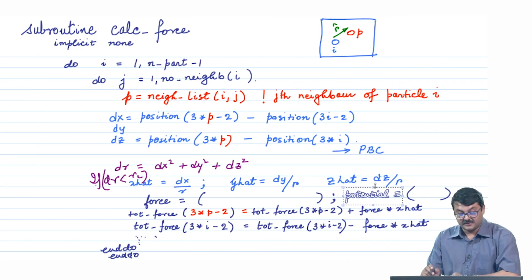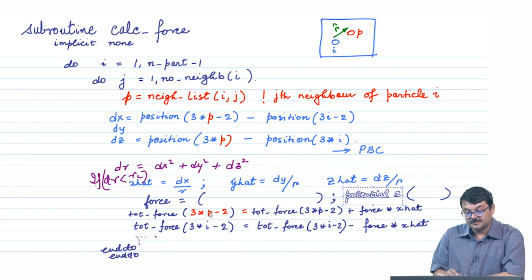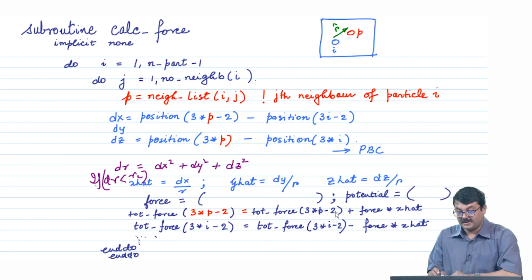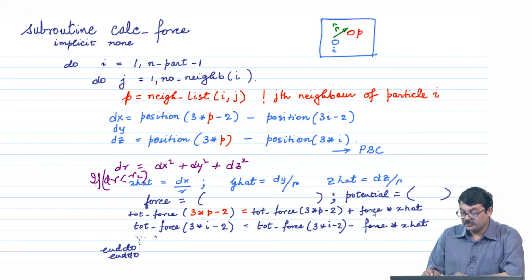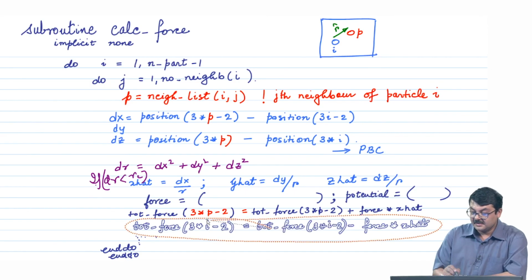We have discussed all of this, and then the total force acting on particle number I, the x component, 3 into p minus 2 is the x component, equal to the total force which has already been acted upon maybe by other particles, plus force into x hat, right. And what is the force acting on the ith particle?